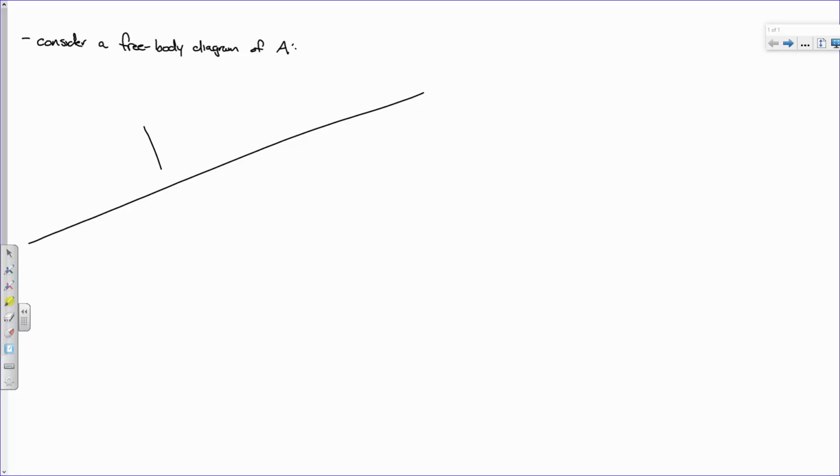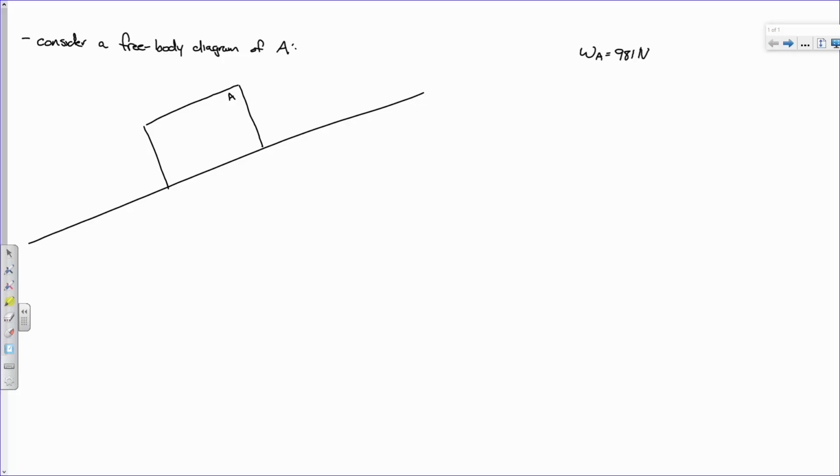Here's the box. So there's box A. Okay. Now, the first thing to recognize is we know the weight of box A is 981 newtons.